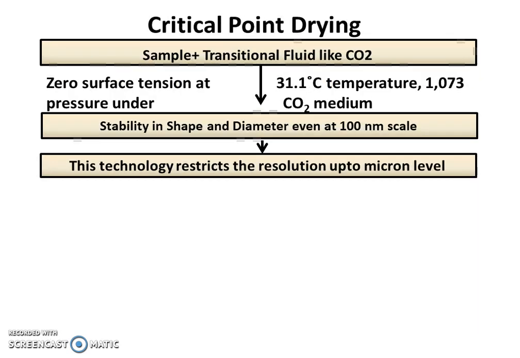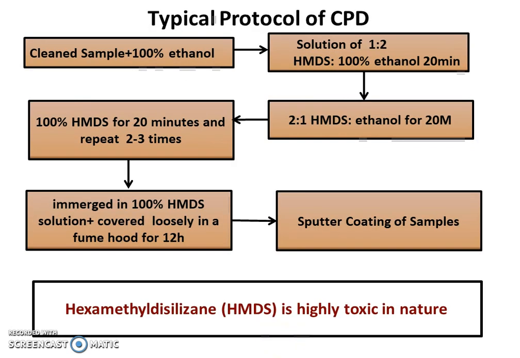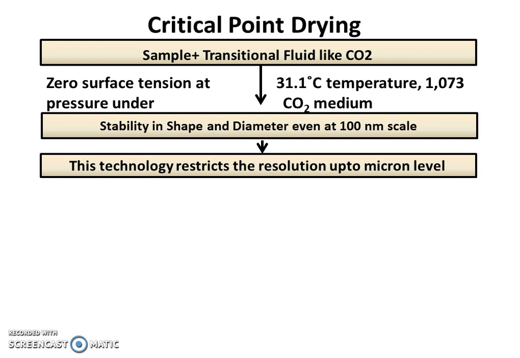Critical point drying, CPD, is a very important technique in which the samples are treated with a transitional fluid like CO2, and the temperature is kept at 31.1 degrees centigrade, and thus under CO2 medium and zero surface tension, the pressure under this situation is kept.